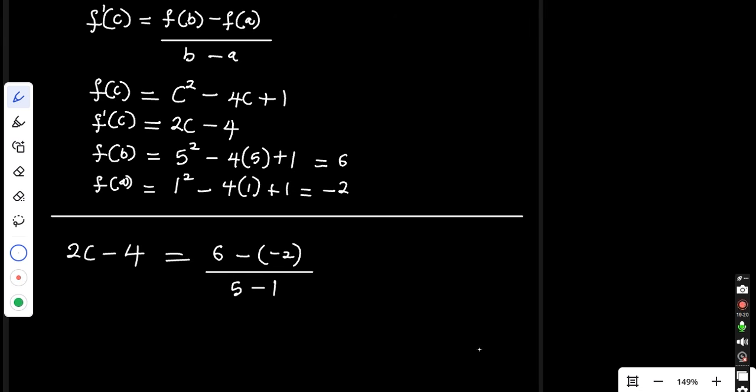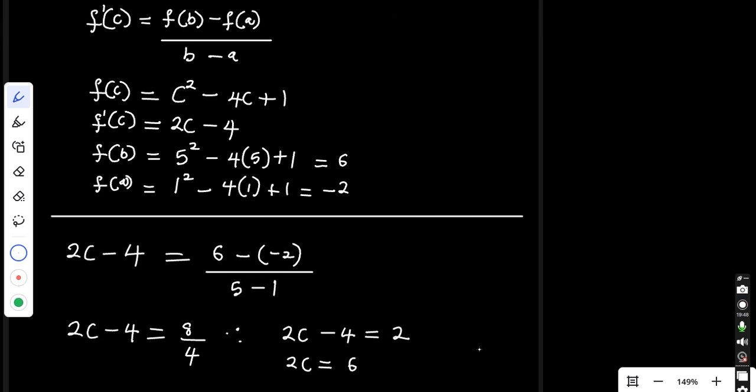So at the end of the day, we're going to have that 2c minus 4 is equal to 8 over 4. Therefore 2c minus 4 is equal to 2. Then we're going to have that 2c is equal to 6.